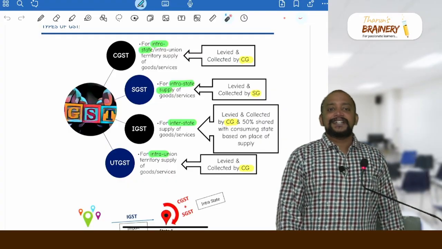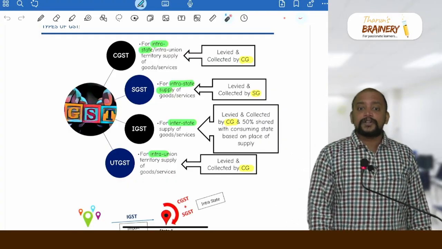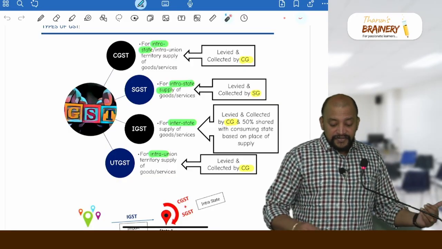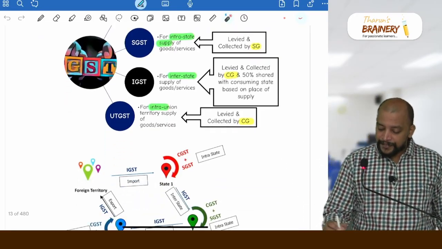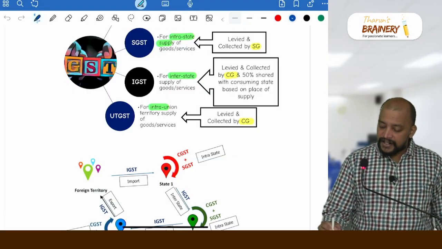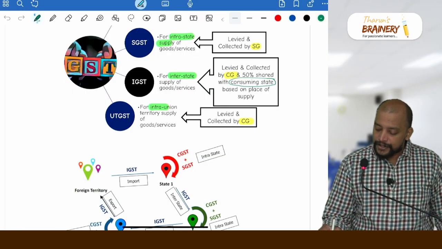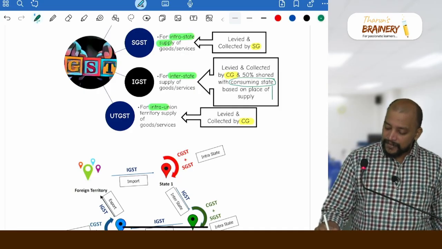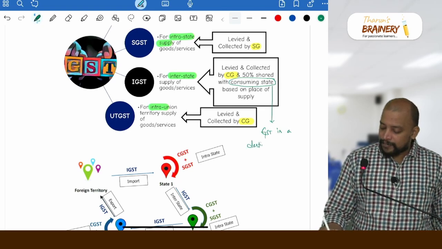Got it? Why is GST called a destination based consumption tax? Because out of the IGST revenue, 50% is shared with the consuming state. As 50% is shared with the consuming state, that's the reason we call GST destination based.